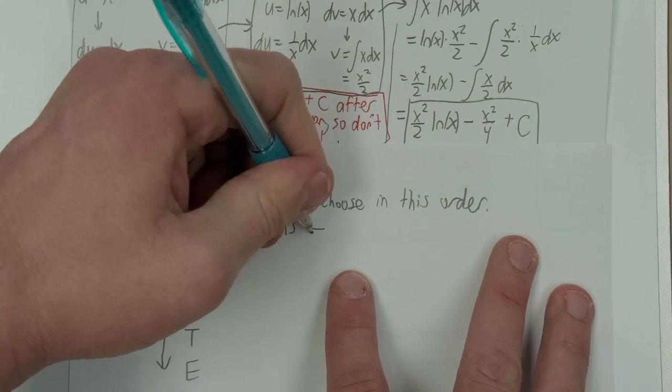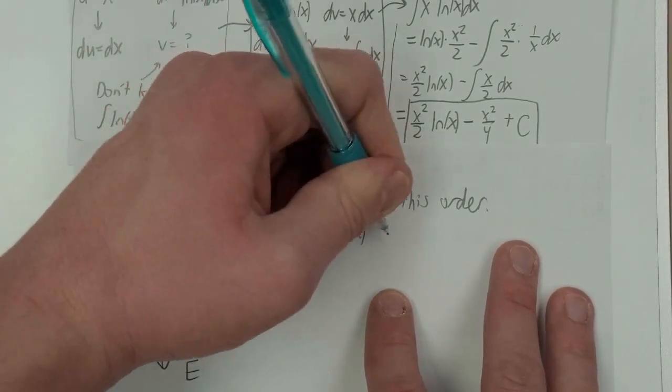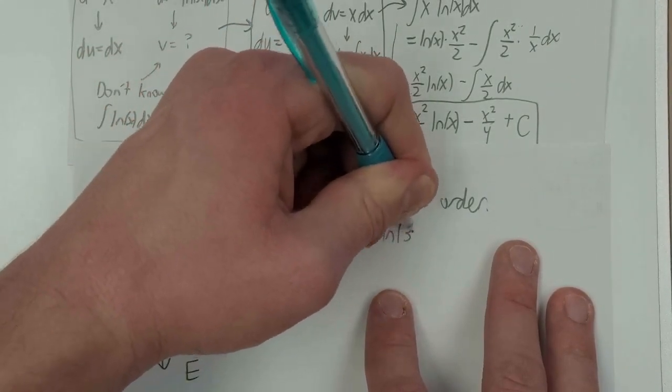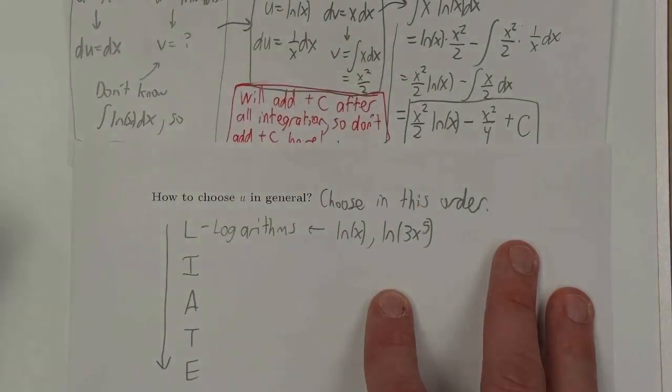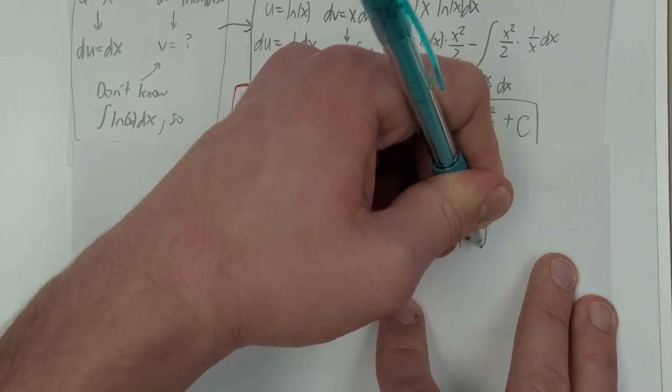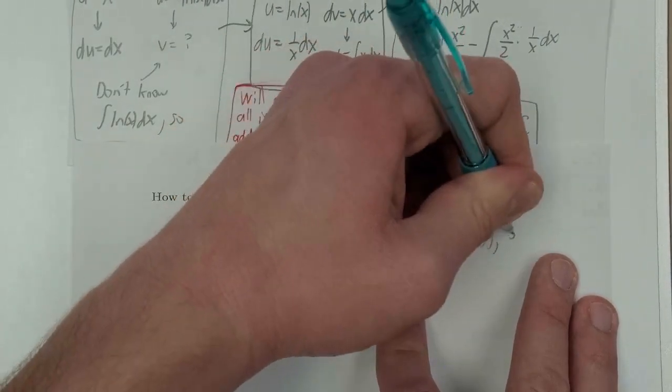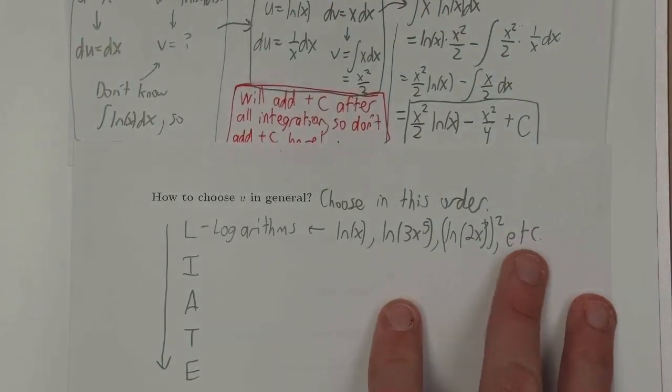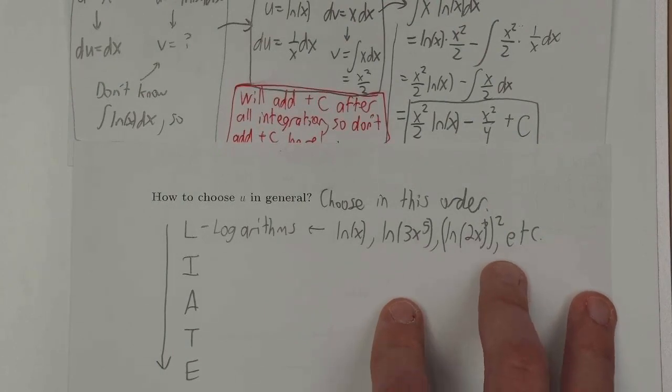So what I mean is stuff like natural log of x, natural log of 3x to the 5th, natural log of 2x, or 2x quantity squared, etc. Okay? So that's what I mean by logarithms.